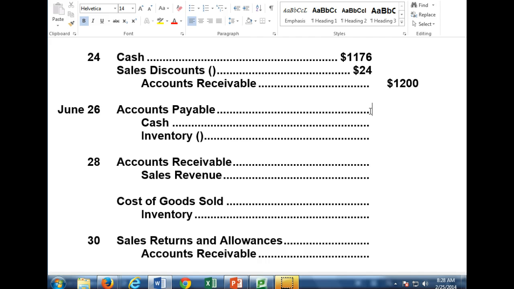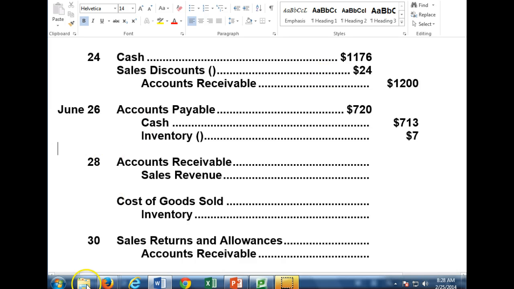So we're going to debit our accounts payable for $720. Did we take advantage of the discount? That 1% discount? Yes. So 1% of 720 is what? $7. And so therefore we paid the cash of $713, didn't we? Right?